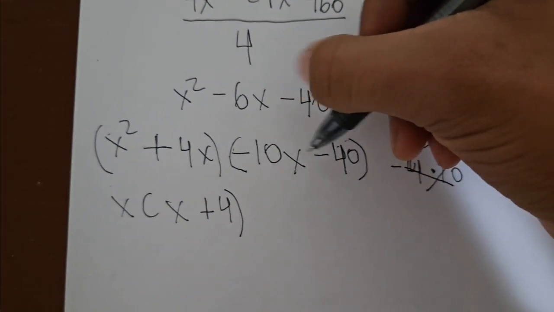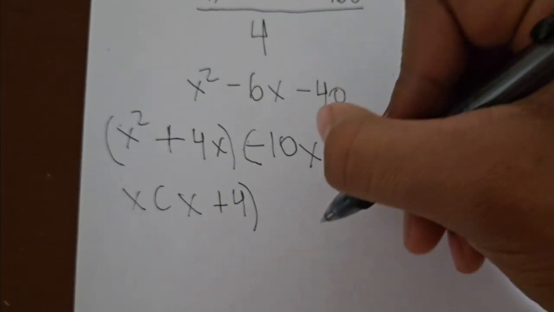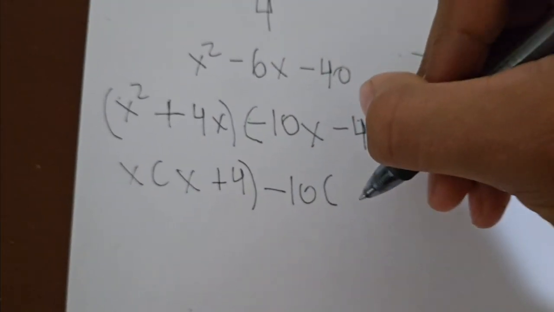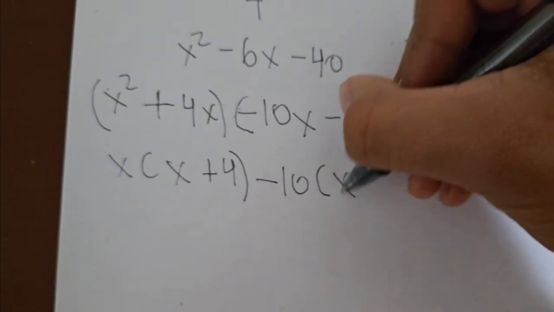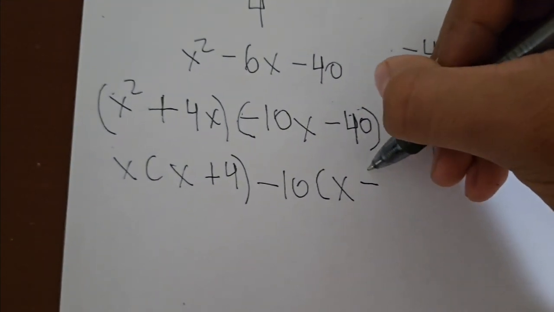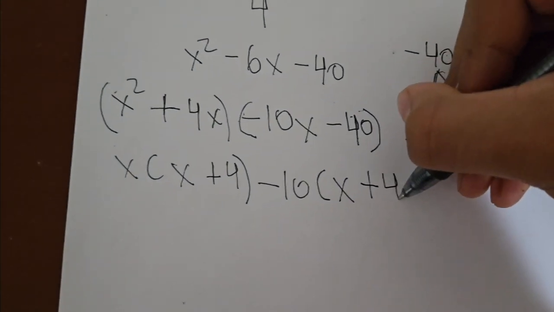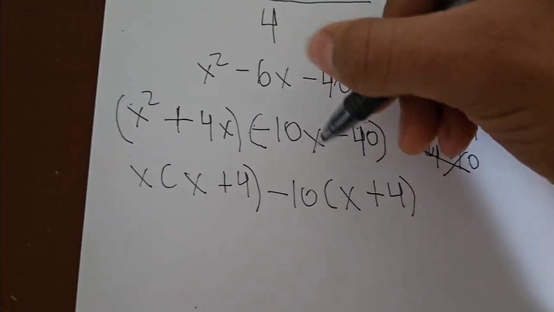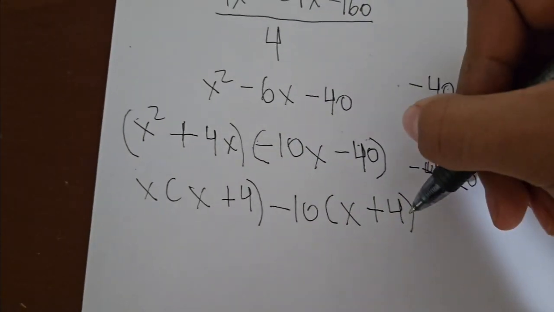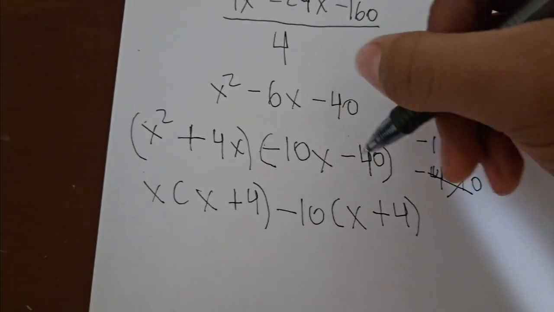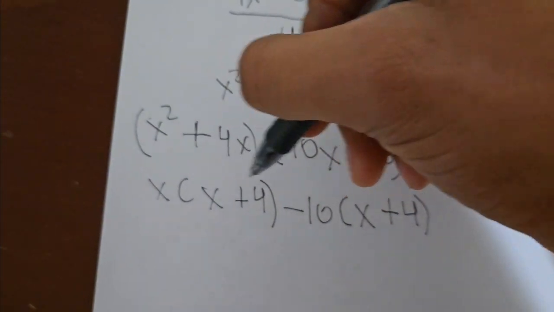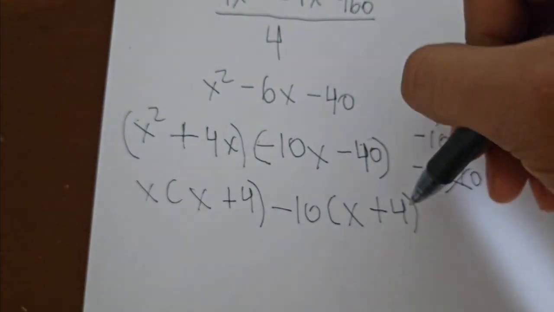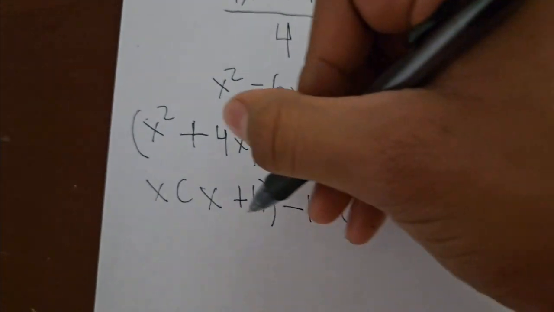The common factor of the second group would be negative 10, because it makes it much simpler. Negative 10 times x gives us negative 10x, and negative 10 times positive 4 gives us negative 40. If you notice, we have the same base, x plus 4, in both. If you get the same base, that means you're doing it correctly so far.